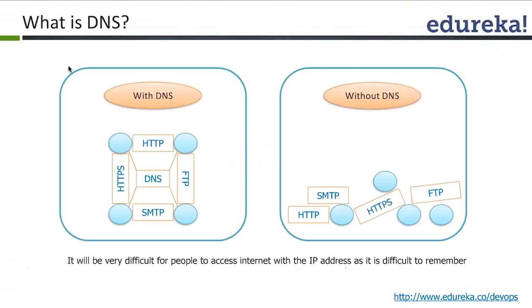So the etc host file was a file which mapped names to IP addresses. So that means there were maybe a few hundreds of them or few thousands of them.